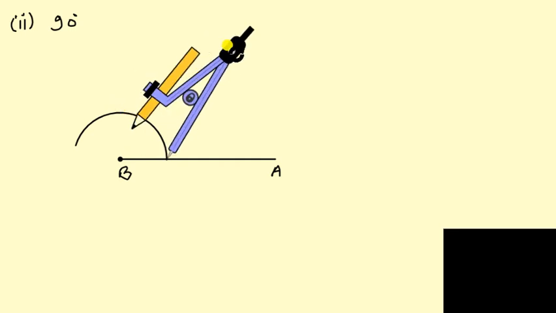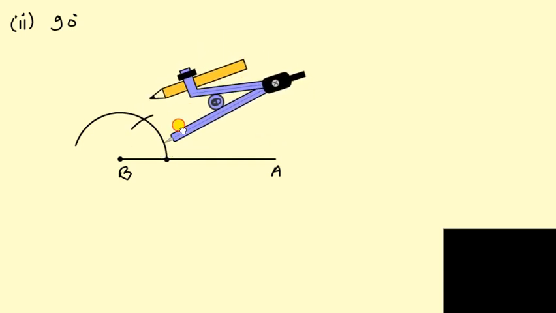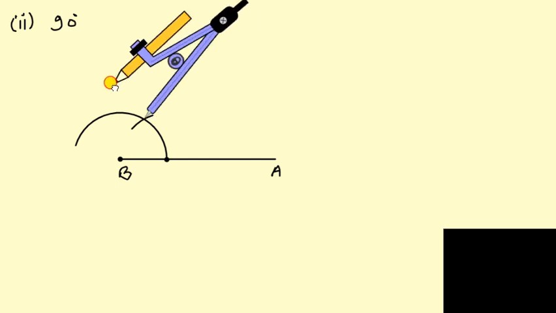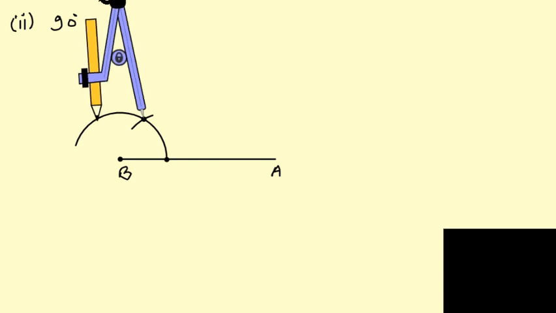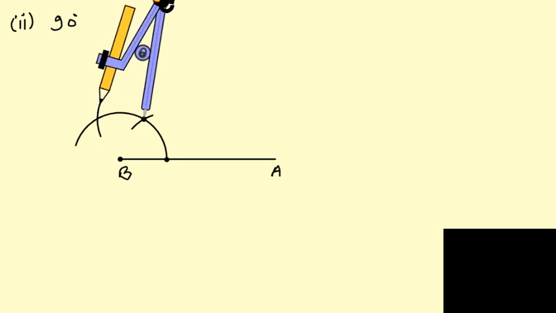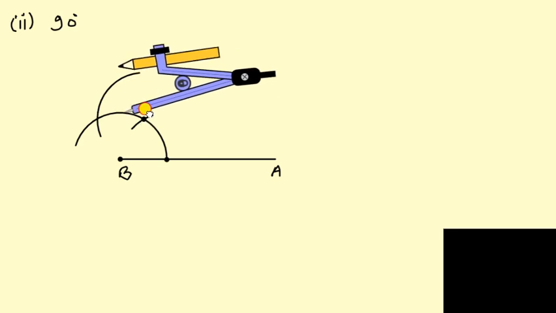So let us see the next angle. The second angle is 90 degrees. So how can we draw 90 degrees?